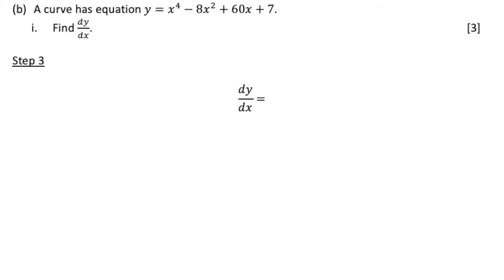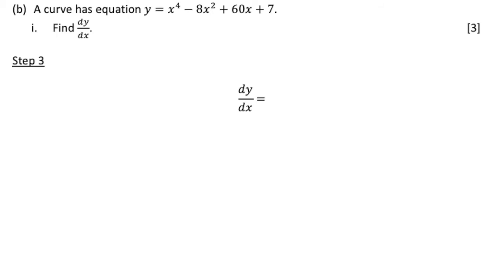Write down dy by dx equals, then differentiate that 4th degree polynomial term by term. I think this is one of the more straightforward parts of Unit 1. For those of you who have done Level 2 additional maths, this is probably a bit of a doddle. But in any case, let's do it in really clear step-by-step detail.